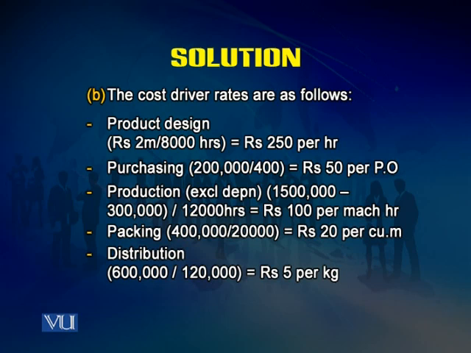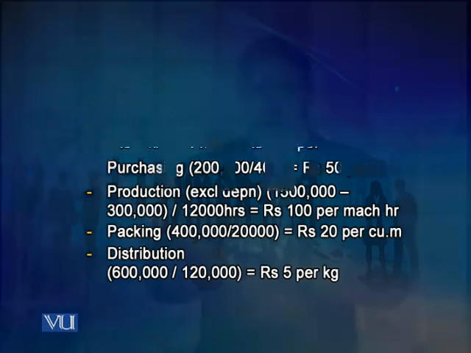Distribution cost driver was weight in kilograms. There are 120,000 kilograms. So the per kg cost of distribution is rupees 5. The first step, therefore, is to calculate the cost driver rate. In arriving at the per unit cost of the NPD, we have the product NPD.